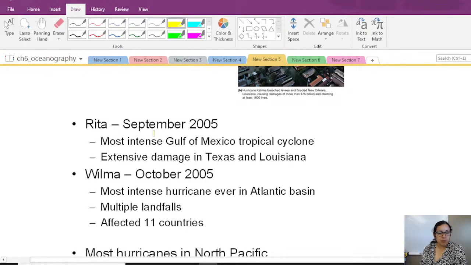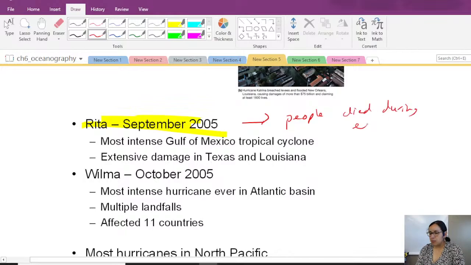Actually, I remember with Hurricane Rita, I was trying to finish a chapter, but what caused some of the issues is that people died during the evacuation, so that's always a question too. You don't want to start a panic either. You want to have your evacuation routes ready, because people were trying to leave Texas because they said it was going to be super bad, and then people ended up dying on the freeway just because they got stuck there.